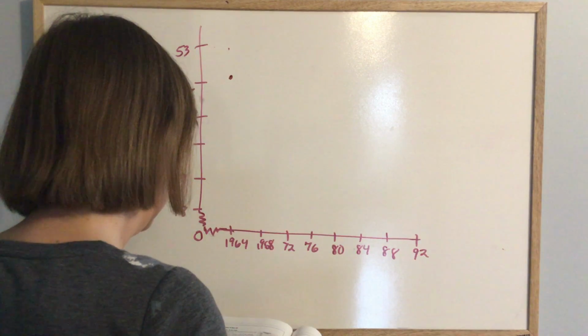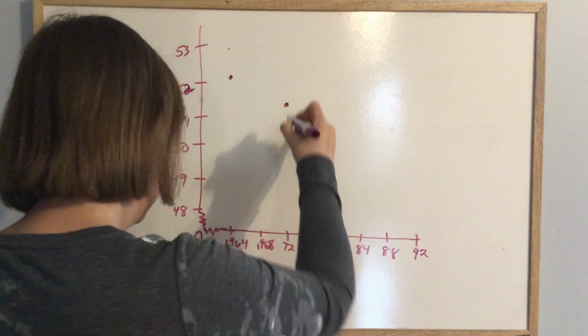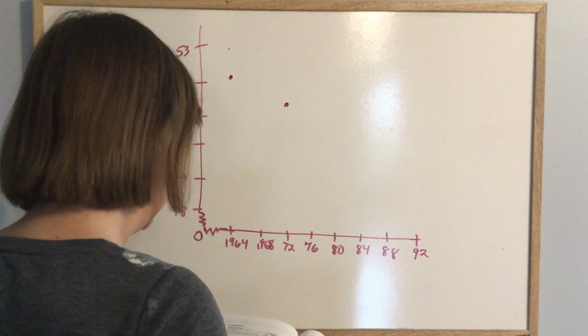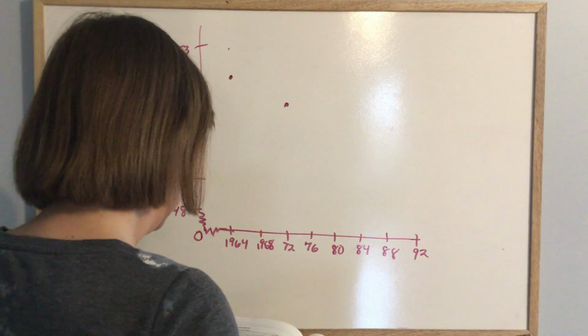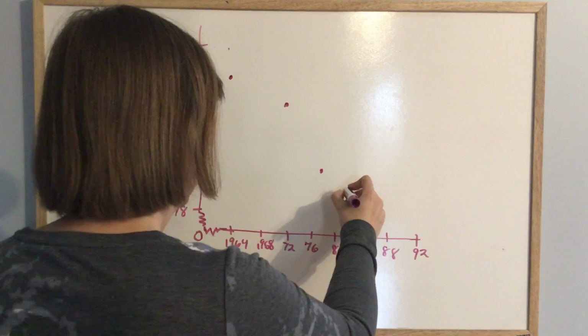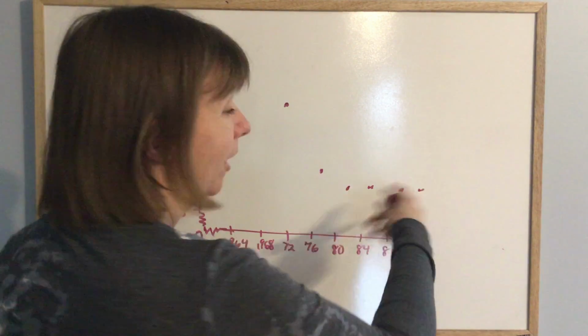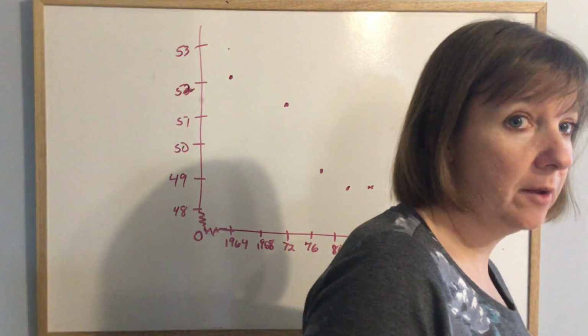And then 72 looks like it's close to 51. And then there's a dot down here, and then 1, 2, 3, 4. I'm not really paying attention to where the dots are, but that's the general shape of the graph.